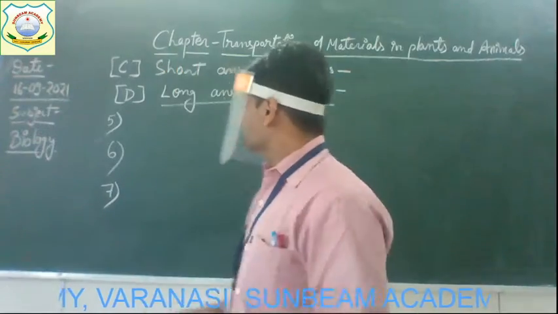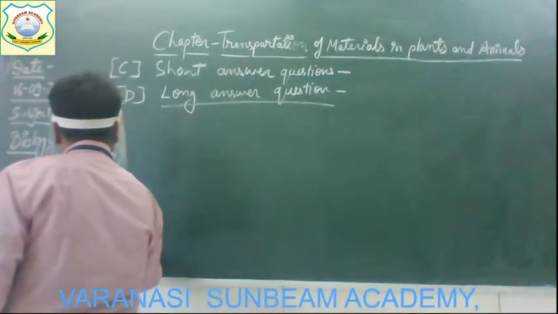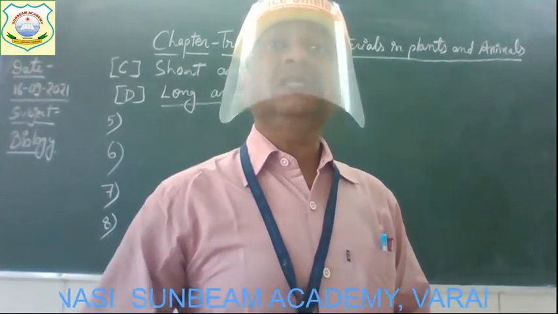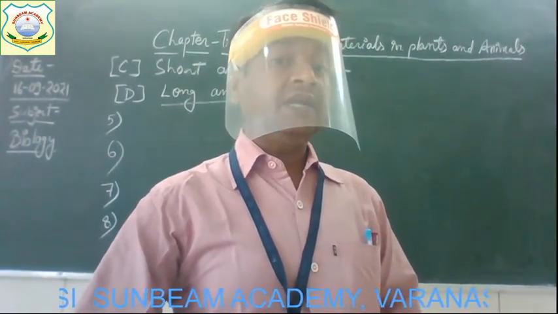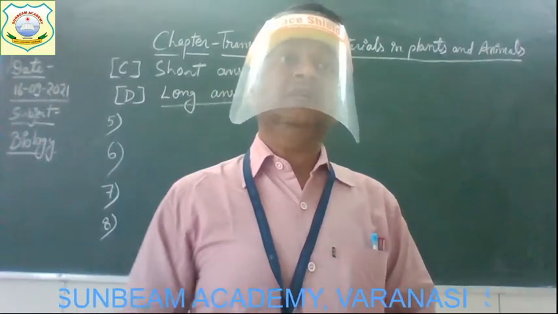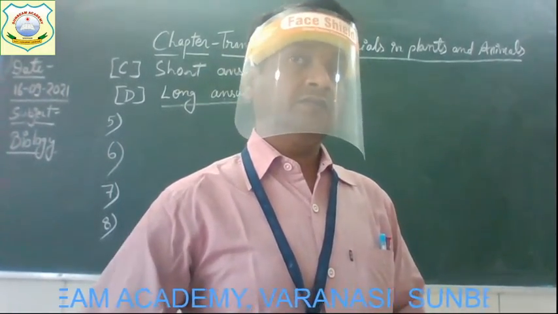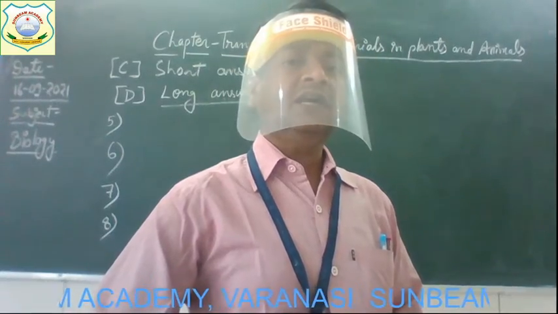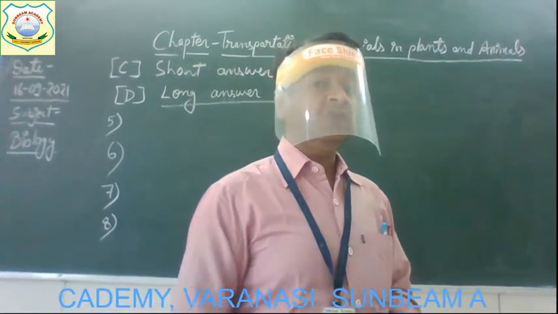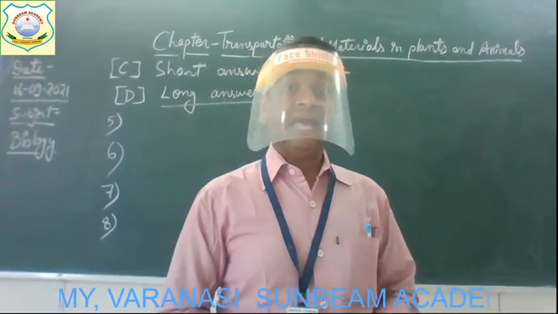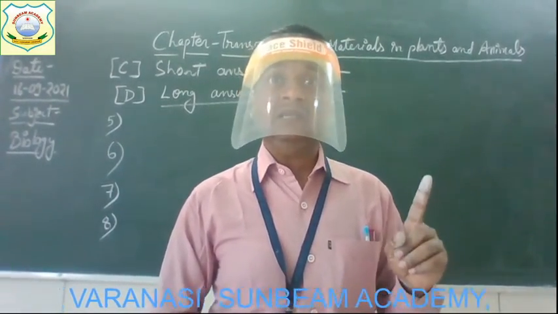Alright? Now, the next question. And the question is again a diagram-based question. Draw a labelled diagram of the urinary system showing and explaining its various organs. Here you only have to draw the diagram of the human urinary system. This also I have given in the homework, diagram number 12.13.